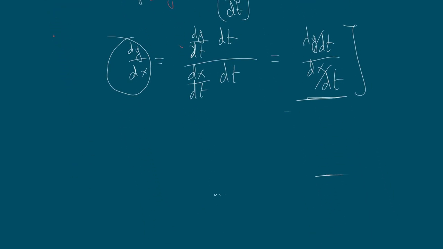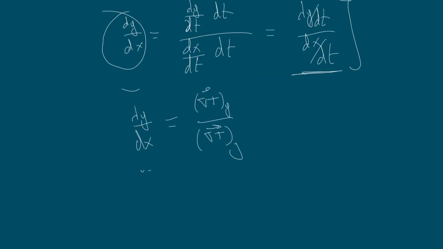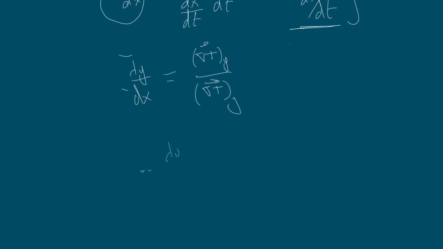And now I have a differential equation where I expect to find y of x, whose derivative of y with respect to x is the gradient's component x divided by the gradient's component y. In other words, I want to find the solution to this equation.